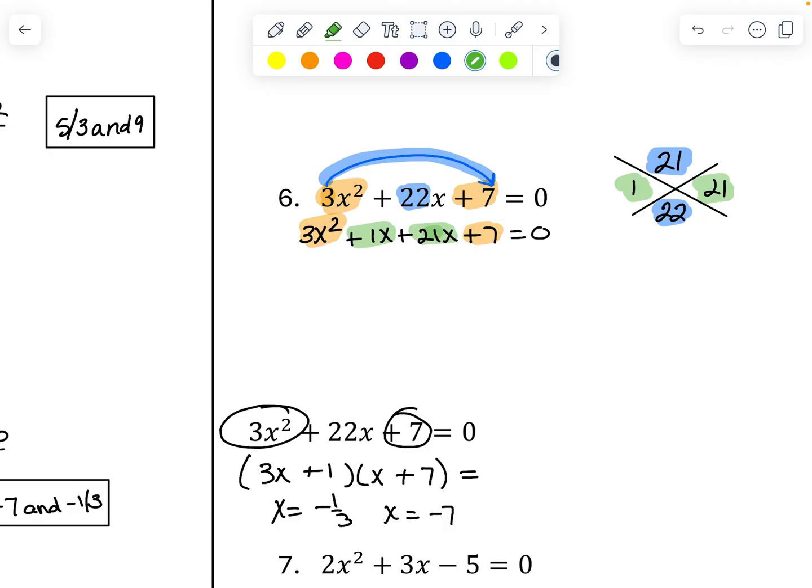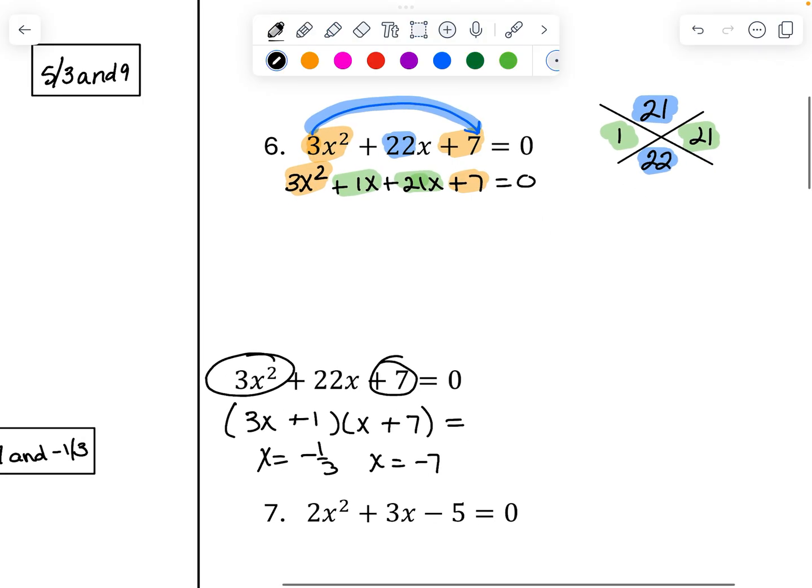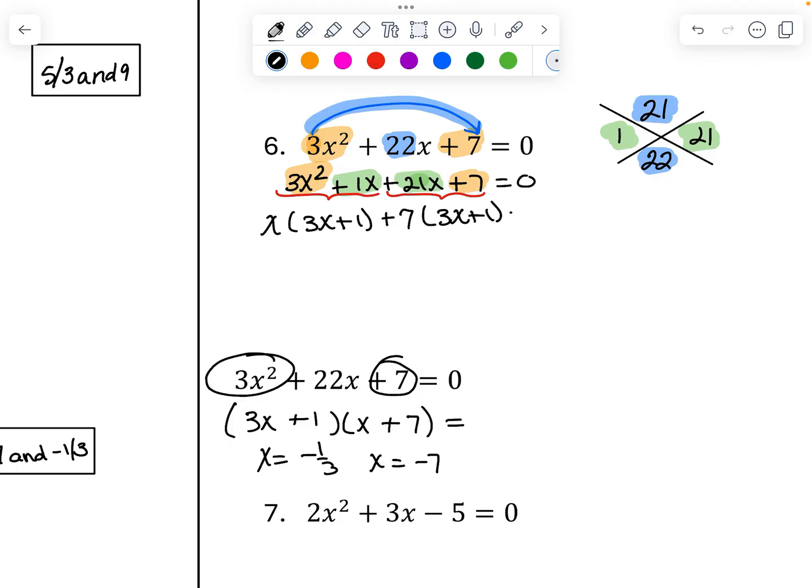Wow. Mrs. Leonard, brain freeze. Okay, then we're going to go by grouping. We're going to look at these two terms and these two terms. The common factor here is x, and that leaves us 3x plus 1. And the common factor here is 7, and that leaves us 3x plus 1. This is it. I'm back now.